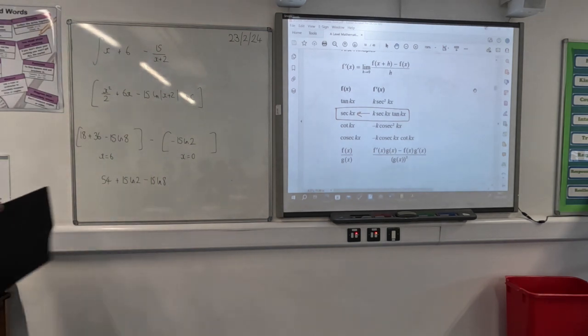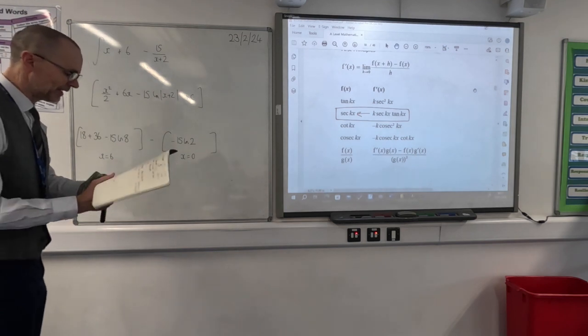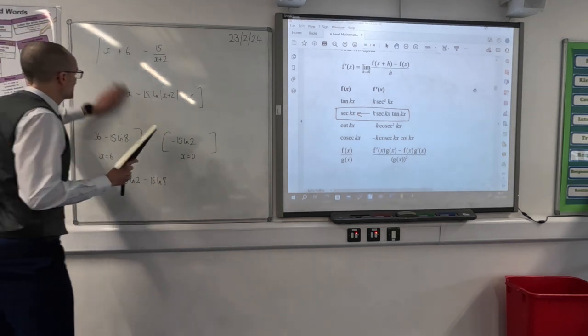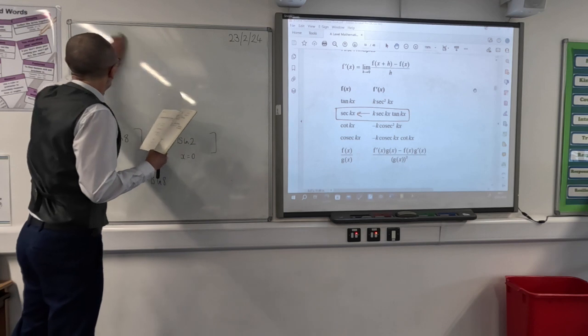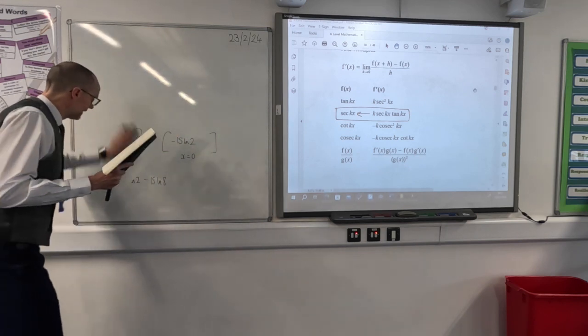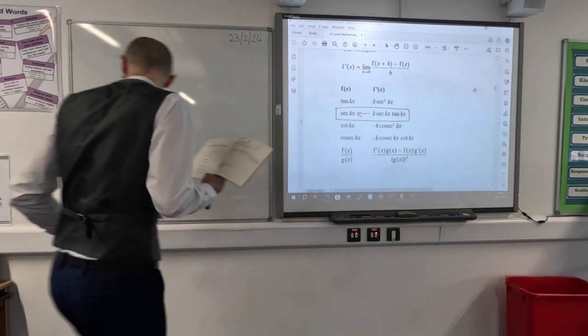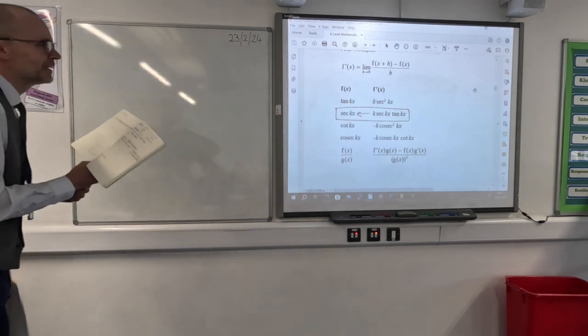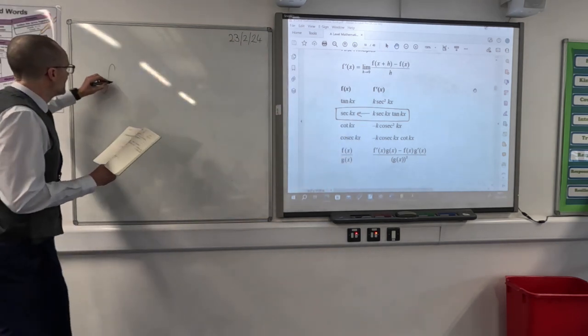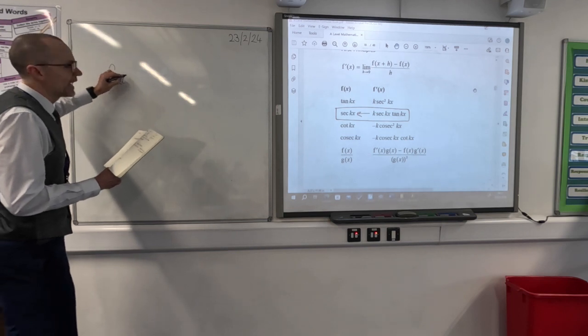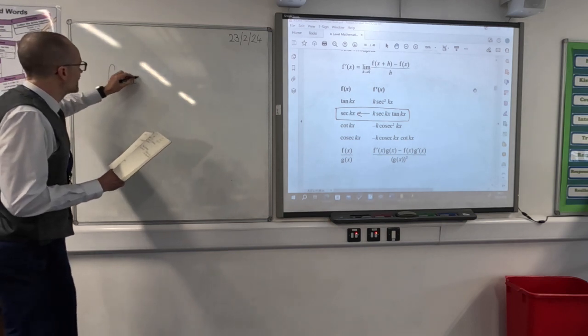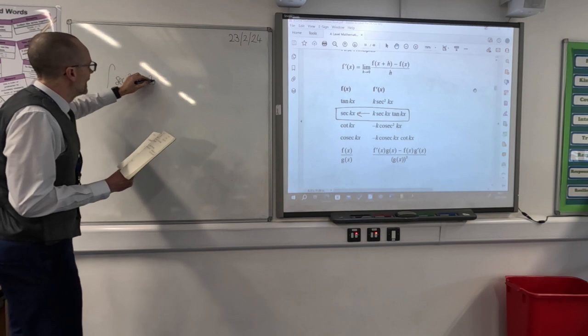So with that in mind, my question first is, what do we do if we've got no value at the front there? What if we are being asked to integrate something like sec 2x tan 2x?